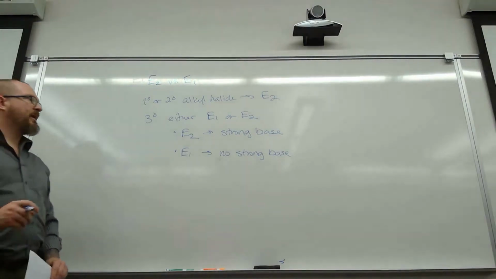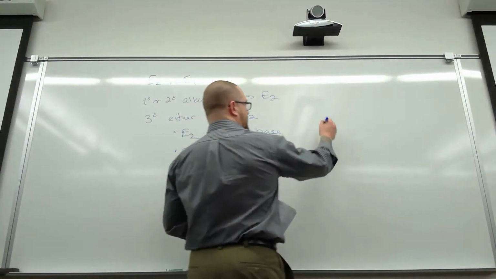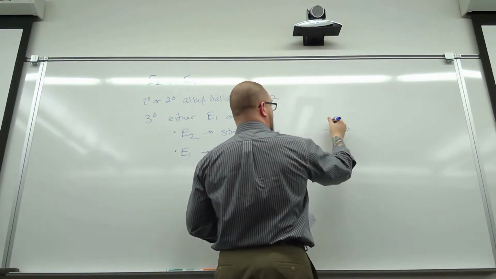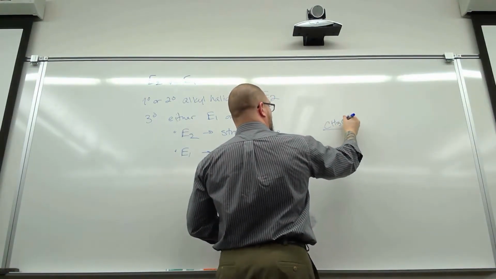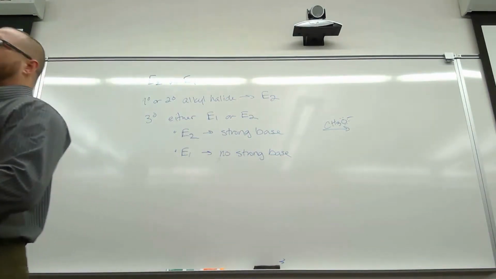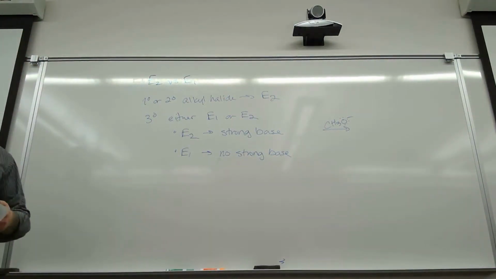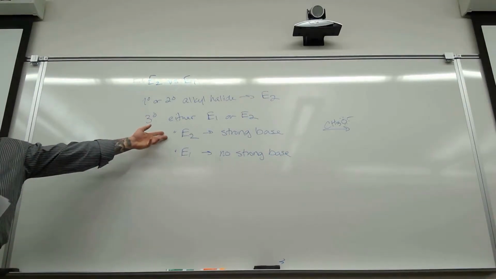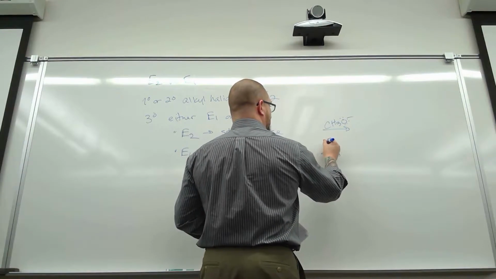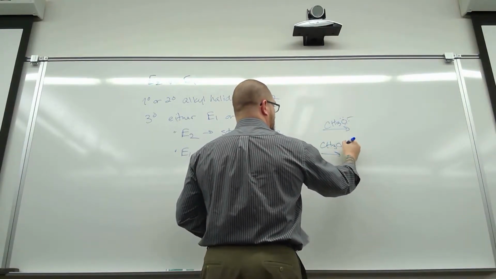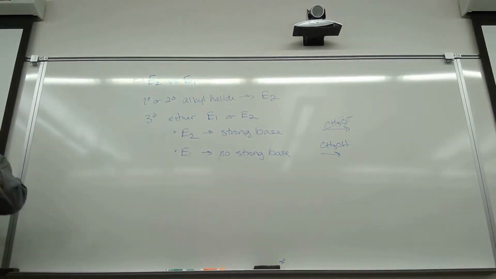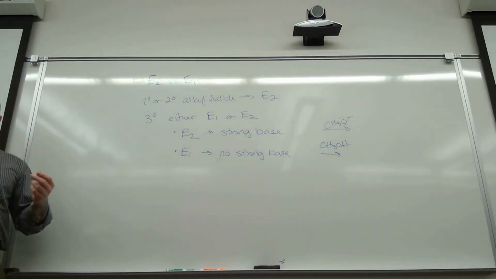So if you have a setup where you've got a tertiary system and methoxide is your base, E2. If your solvent is methanol, E1 for your mechanism.